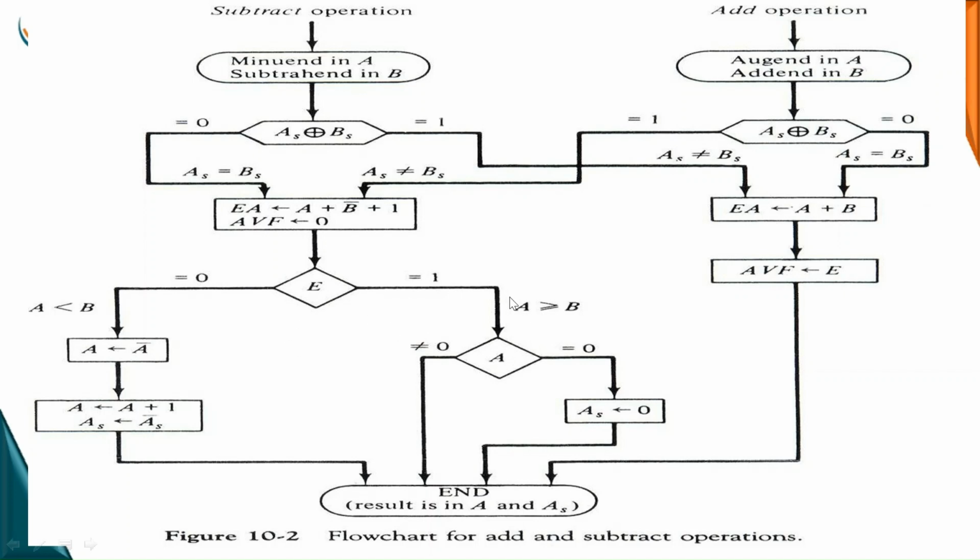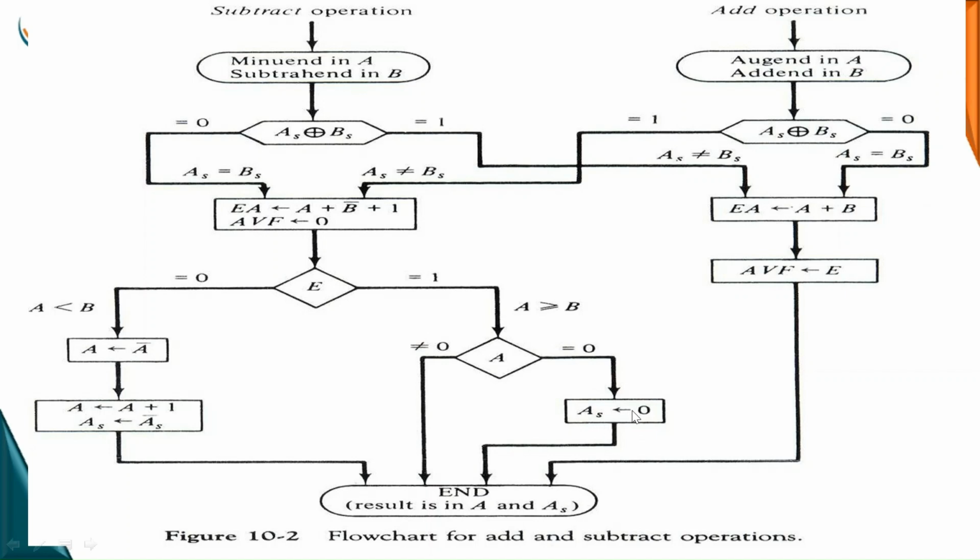When E is equal to 1, again we check the value of A. If A contains 0, meaning A and B are equal, then the result stored in A, which now contains the result of A minus B, is 0. If it is 0, we have to make it a positive 0.